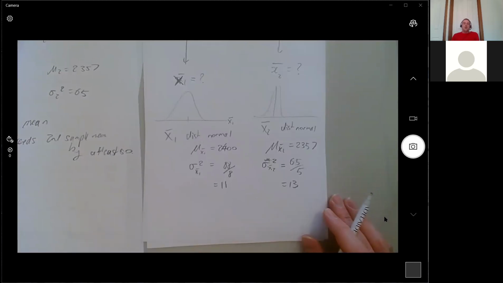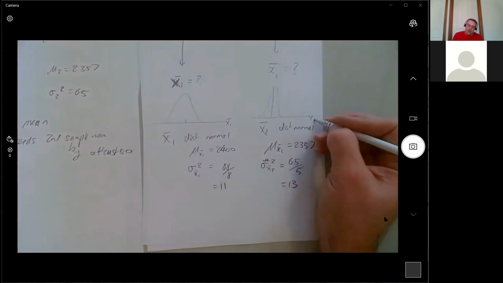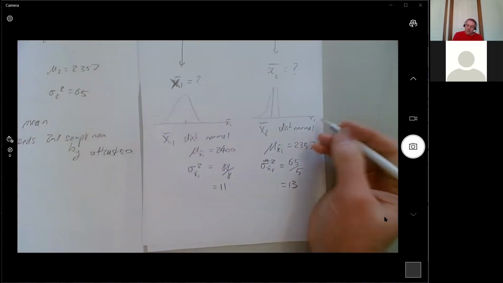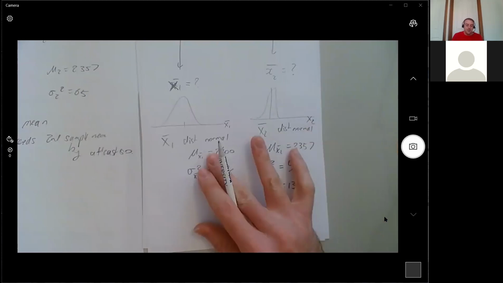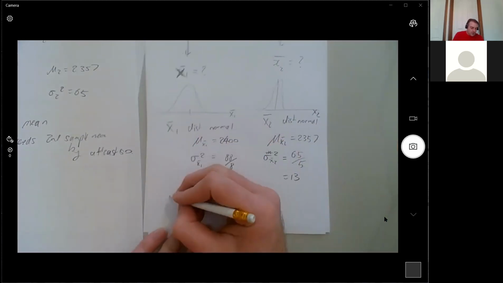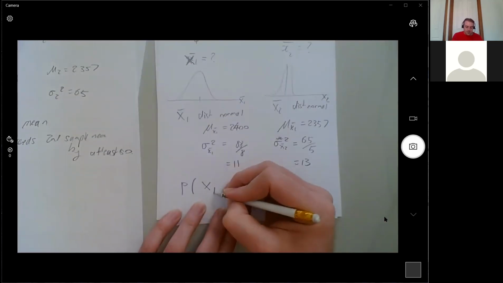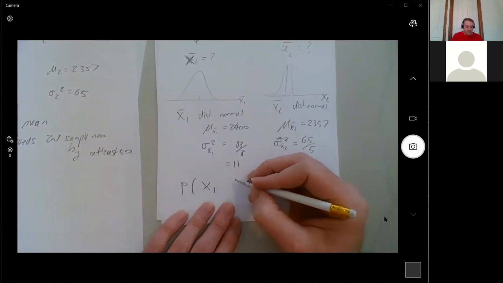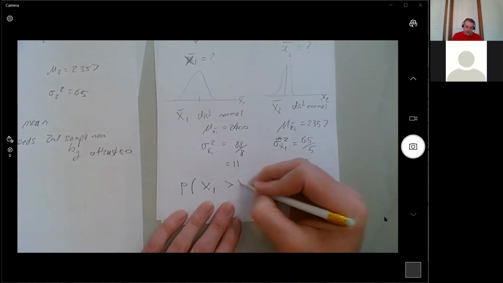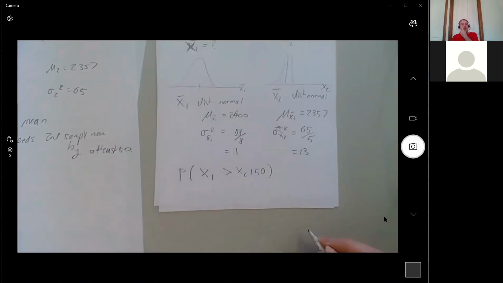Okay, cool. And so the thing is, these are all the options for what x1 bar could be. These are all the options for what x2 bar could be. But what we want to figure out is, what's the probability that the first sample mean exceeds the second sample mean by at least 50? That's how I would write that.